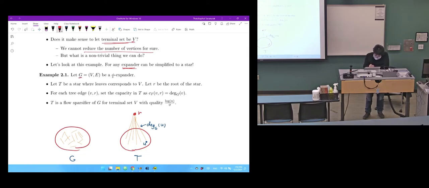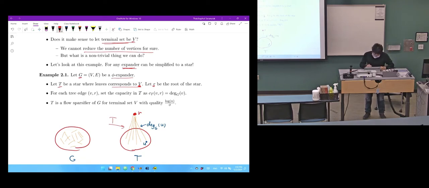Let's say that G is a phi expander, and let me define the tree T to be a star, where the leaves of this star correspond to the vertex set of our original graph. This is my T, and I create a new root R, which is just a new vertex.